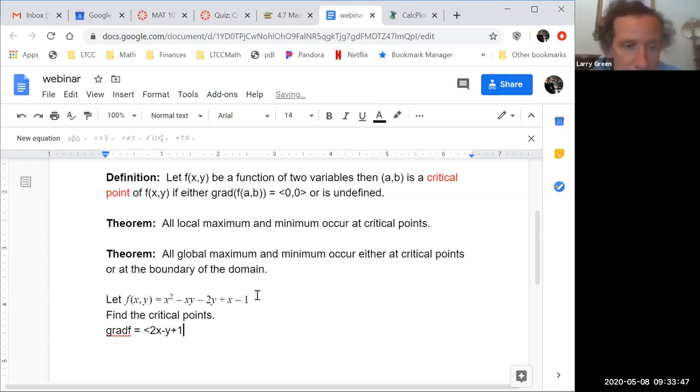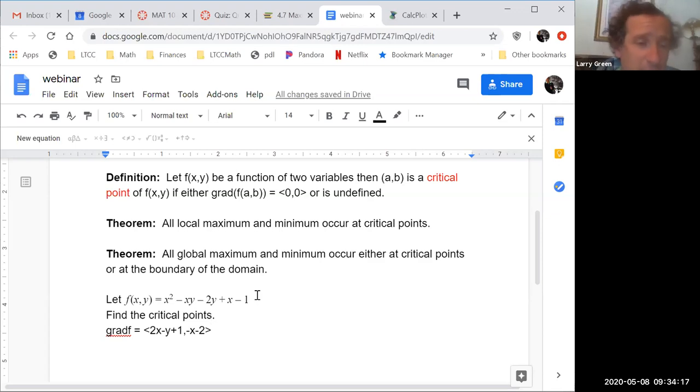Good. Comma, and now the second coordinate. That shouldn't be too hard. It's actually easier than the first coordinate. Yeah, negative x minus 2. Any questions on the gradient?